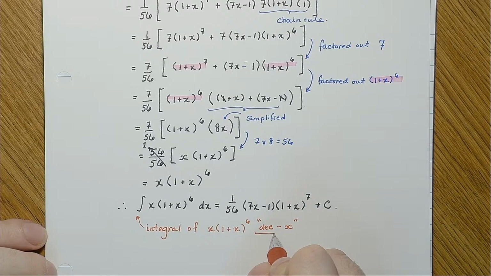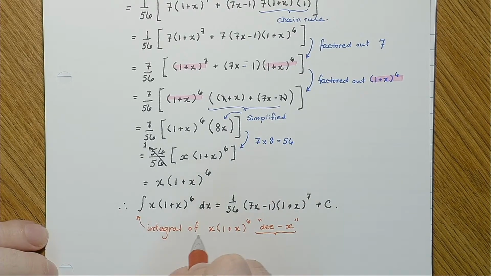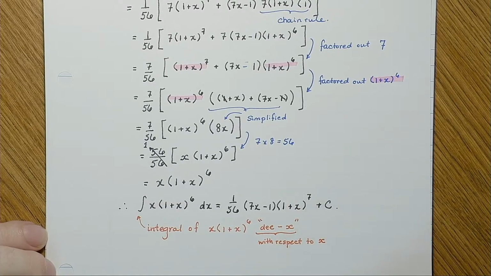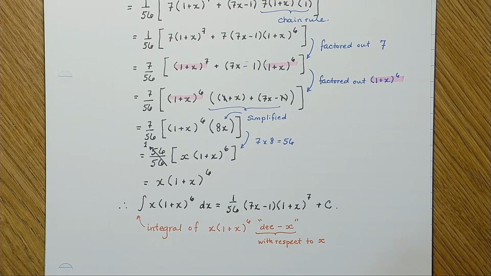You can also say that that is the integral of x times 1 plus x to the 6 with respect to x. So again, this is the operation: we're going to integrate, this is the function that we're going to do, and I'm telling you that we're going to take this with respect to x.